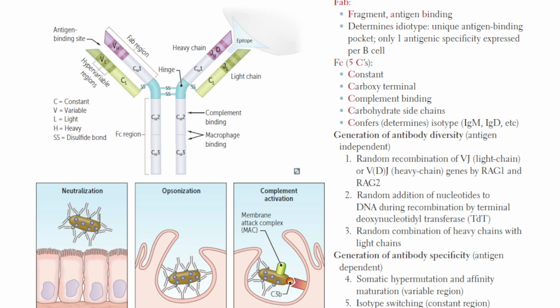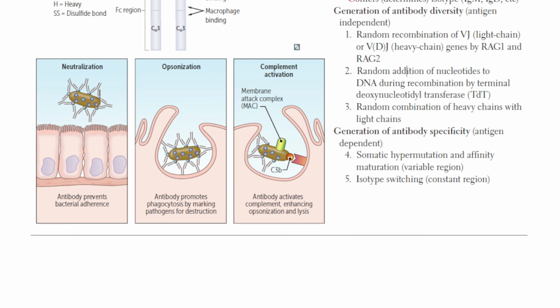These create unique receptors on the surface of T cells and B cells. So remember, random addition of nucleotides by the TdT. Then we have random combination of heavy chain with light chain. So through the whole process, we have generation of antibody specificity, but antigen dependent.